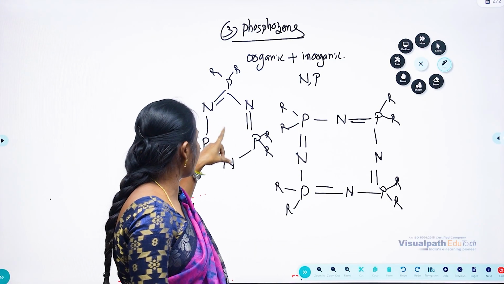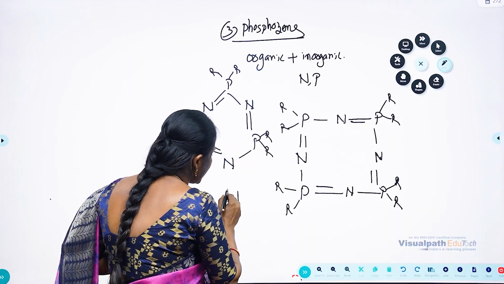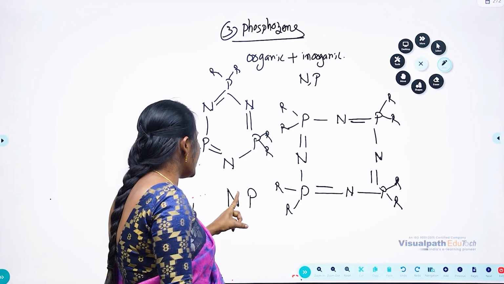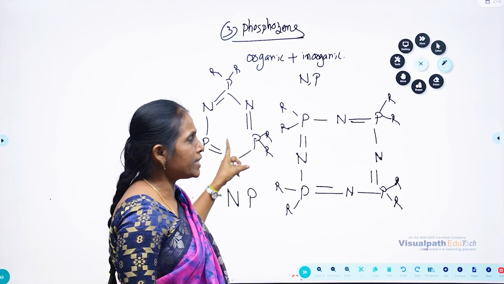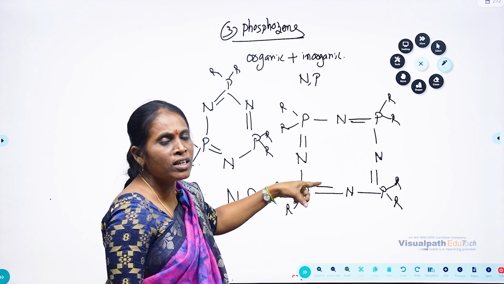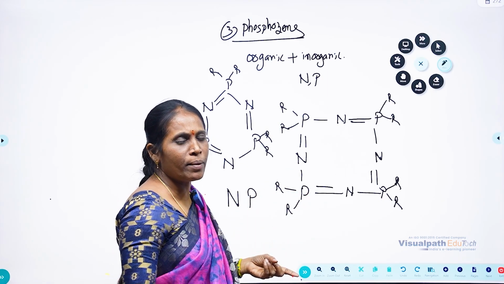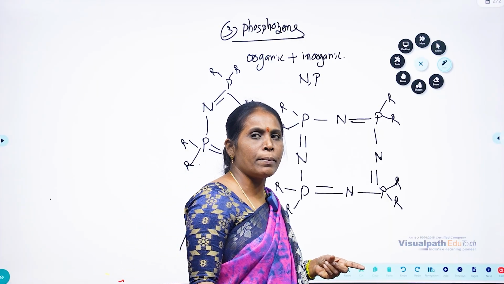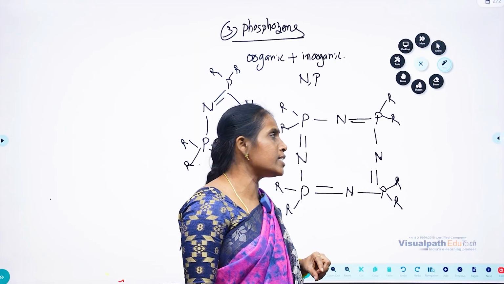It is a six-membered ring. Here in this molecule, nitrogen and phosphorus are the inorganic elements, present alternately, and the ring system also has alternating double bonds. Simply, it is a conjugated system. Conjugated system means double bonds are present alternately.